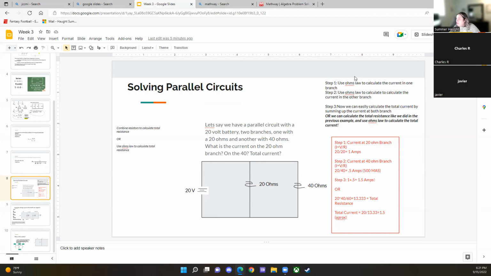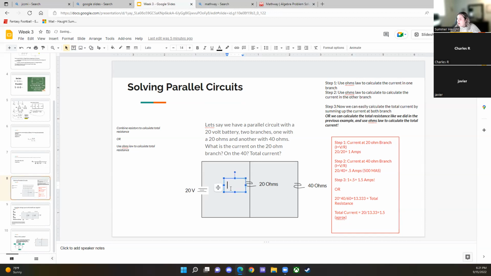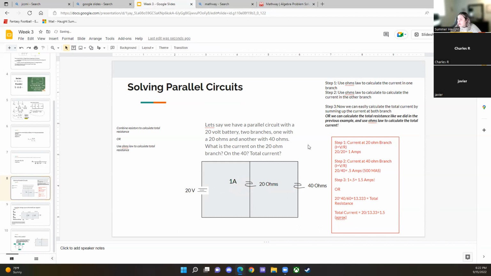So if we wanted to calculate the current at the 20 ohm resistor, or this branch, we would do V, which is 20, divided by R, which is 20 ohms. 20 divided by 20 is 1 amp, which means the current right here is 1 amp, which I'm going to draw. We can calculate the current at different locations throughout a parallel circuit, and that's a new concept we learned this week.